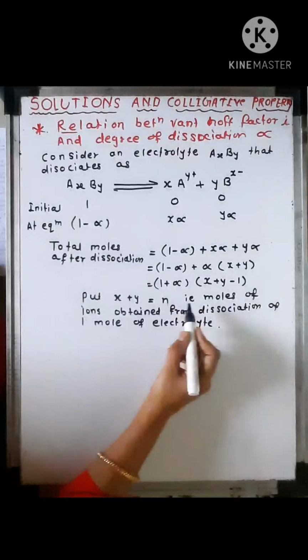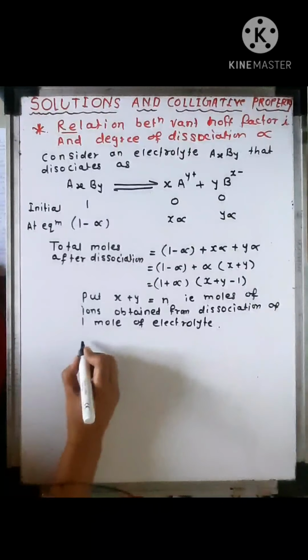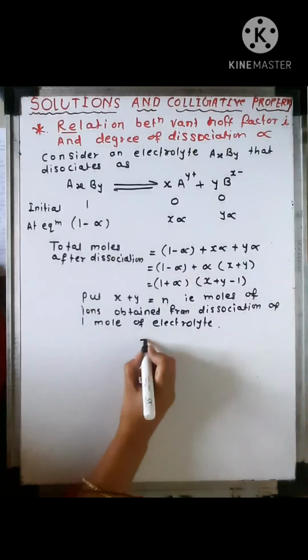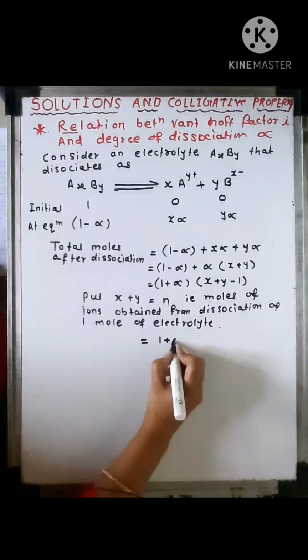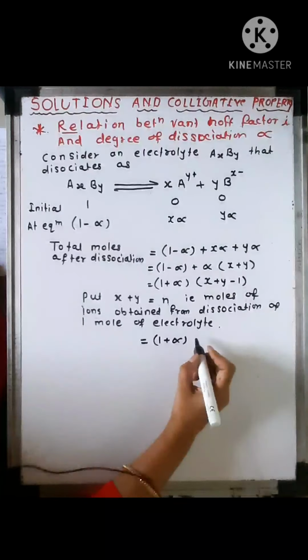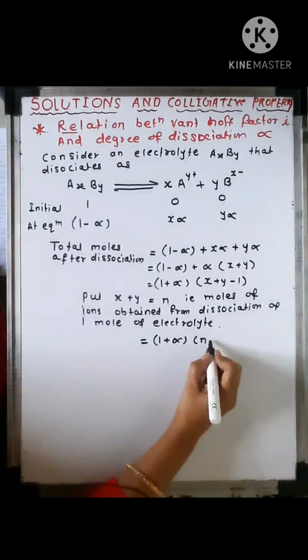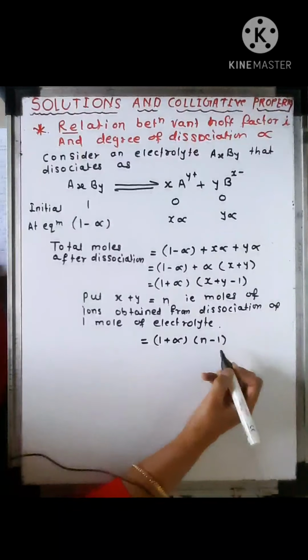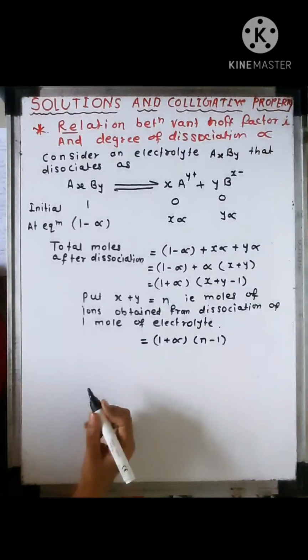Then put this value N in the above equation, we get 1 plus alpha into N minus 1.